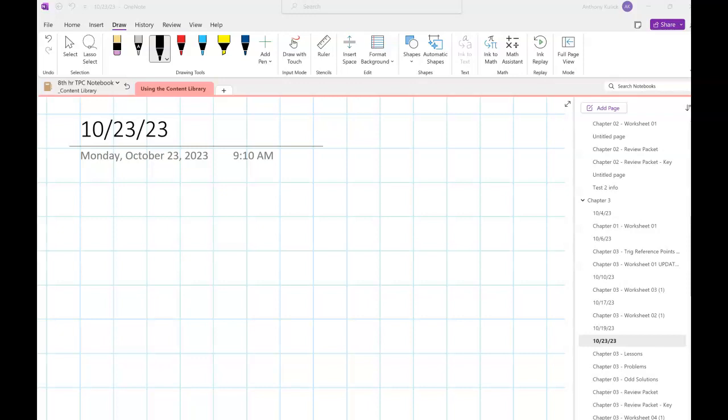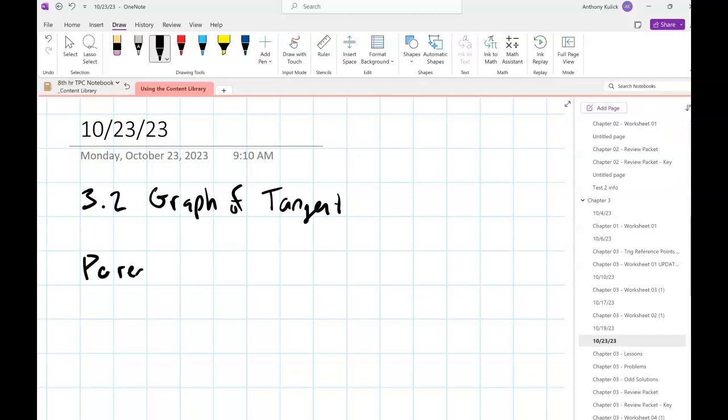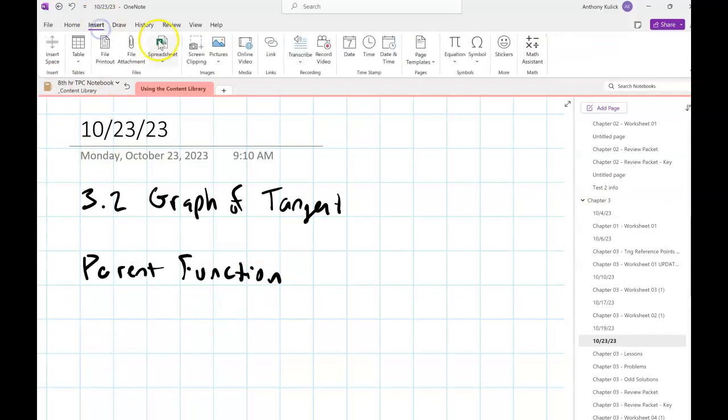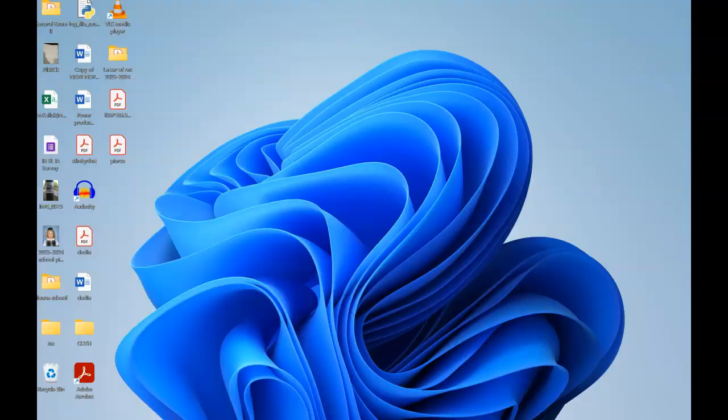So what we're going to talk about today in 3.2 is the graph of the tangent function. So when I look at the parent function for tangent, we have the following attributes.